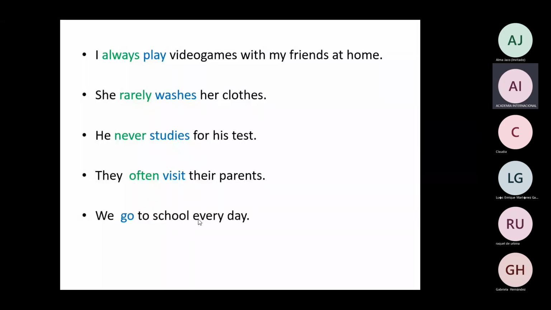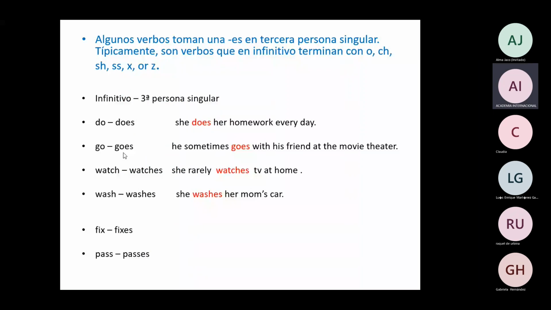The children go to school every day. De esa forma. Every day siempre se usa al final. Estos son afirmaciones, ¿verdad? Son affirmative sentences. Affirmative sentences in the simple present. Now here we have something very important that we have to pay attention to a lot.